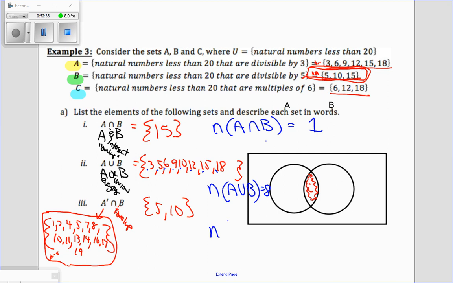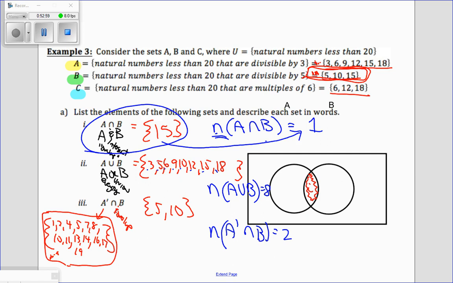How many numbers are in the intersect? That would be 2. So they can make a multiple choice question into a numeric response question by putting that N there. N means number of. So you would still solve it this way, find the elements, and then write however many of them you have.